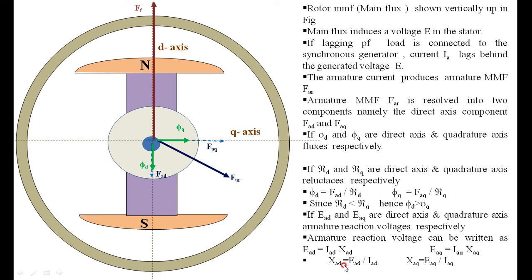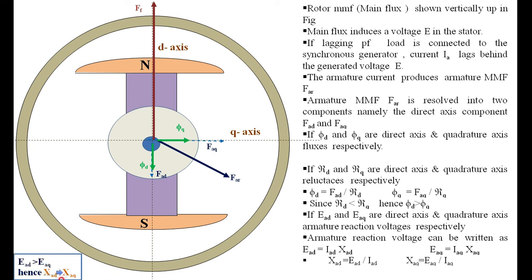Therefore, XAD is more because EAD is more than EAQ. So EAD by IAD gives XAD and XAQ is given by EAQ divided by IAQ. This is how we have to find out the armature reactance along the d axis and the q axis.